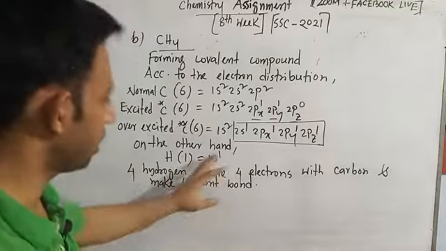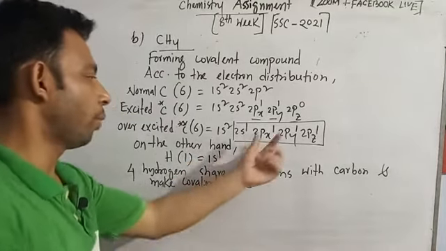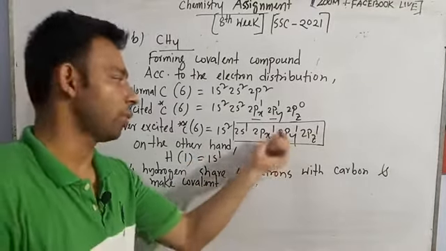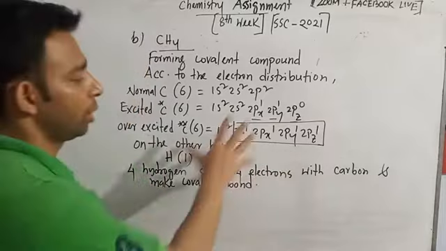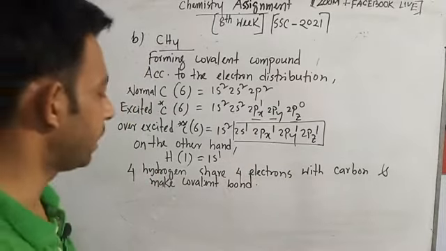In the excited state we can say there are 4 unpaired electrons. Now carbon is ready to form bonds with the hydrogen.